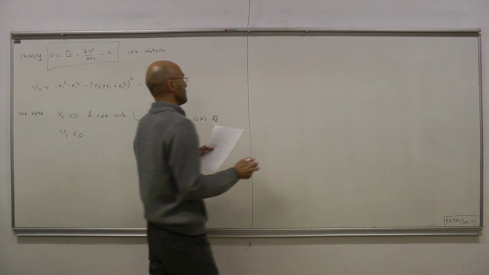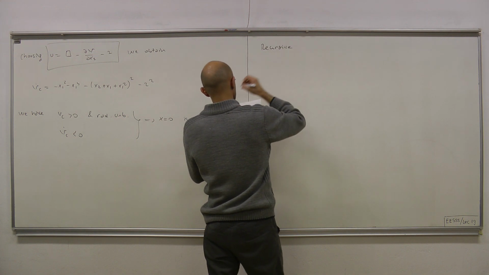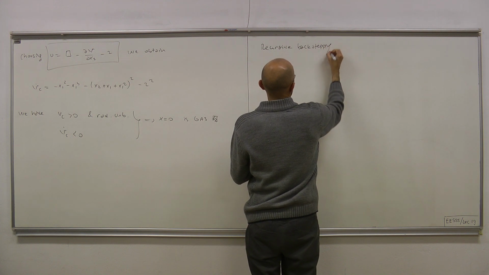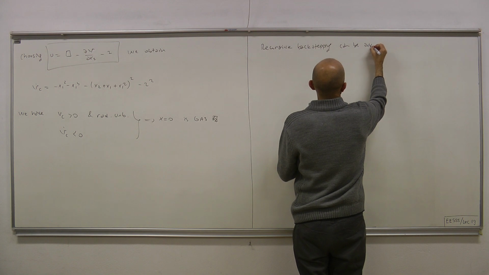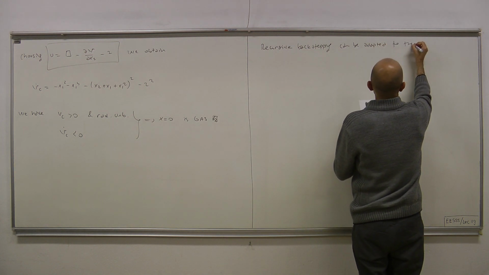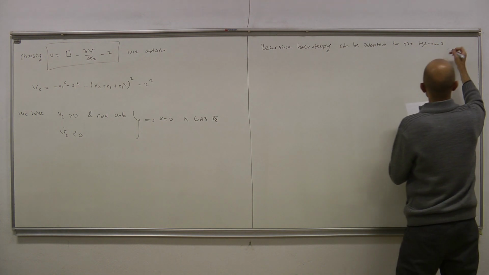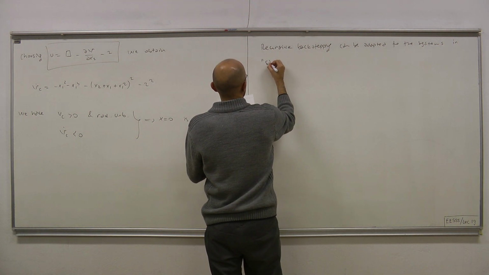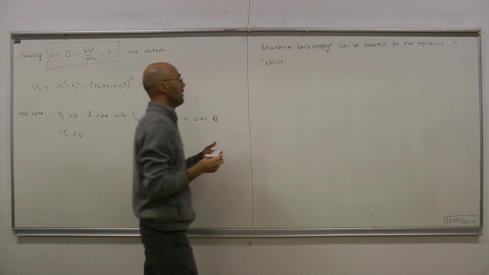So more formally, recursive backstepping can be adapted to the systems that have a special structure, and such systems are called systems in strict feedback form.